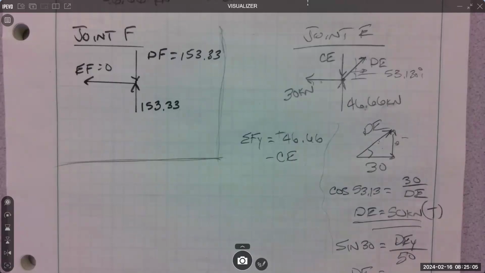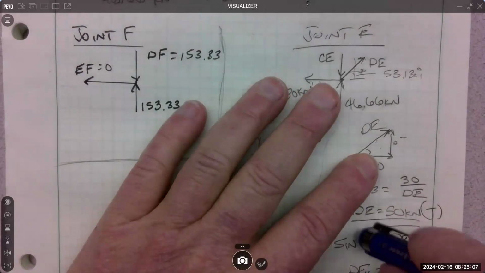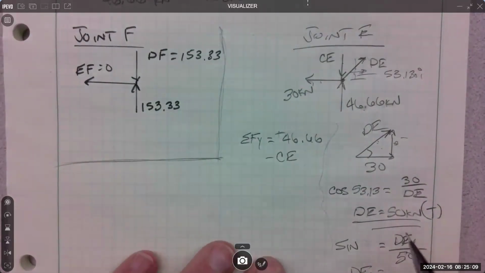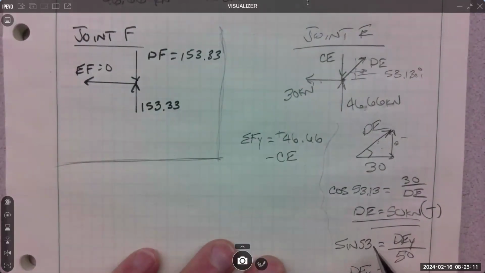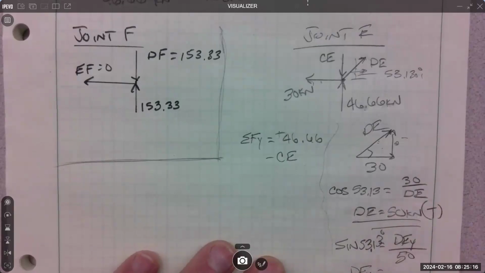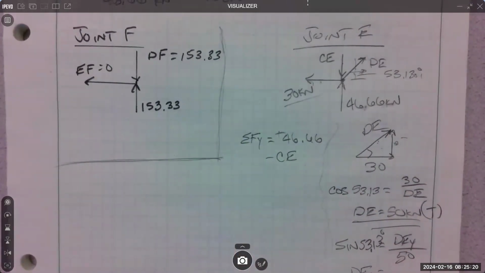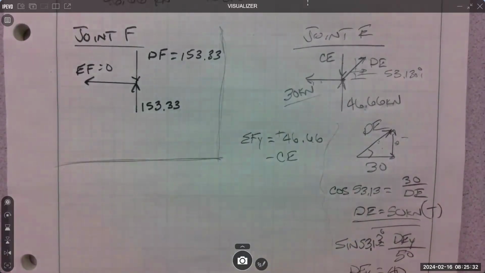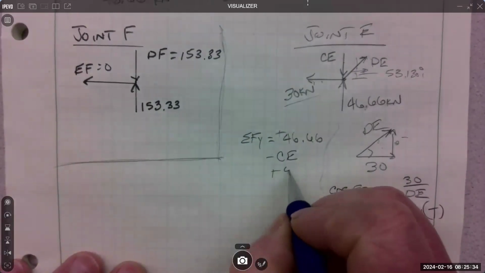Oh, it's not 30, is it? Thanks. Spacing out, 53.1. Sine 53.1 times 50. So then that's plus 40.